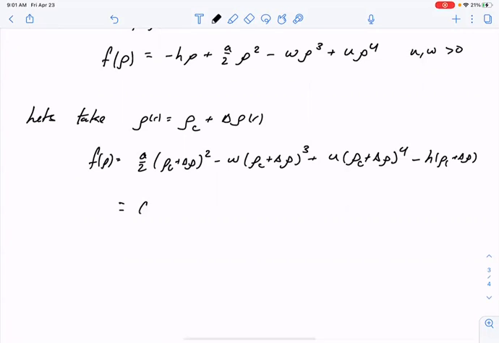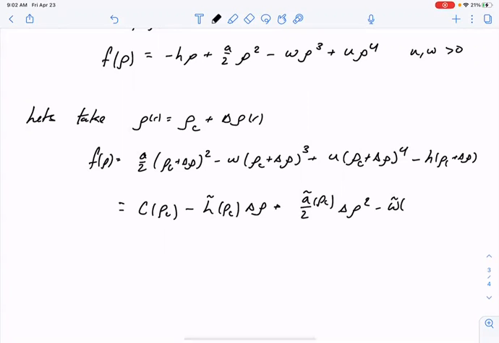I will get one term which is a constant, a next order term, h tilde, which will depend on rho c but is just a number, not a fluctuating variable, times delta rho. Analogously, I will get some new a coefficient that depends on rho c, multiplying delta rho squared.